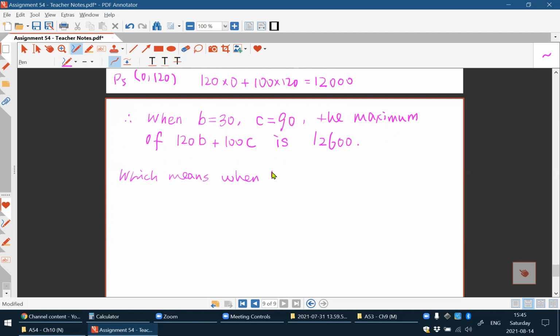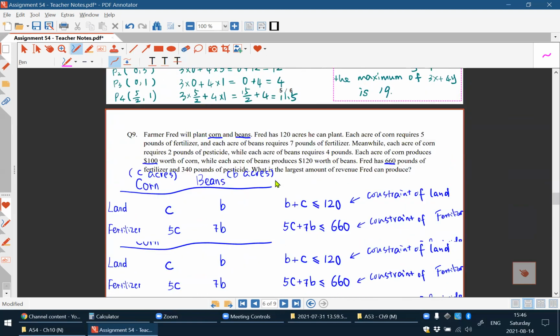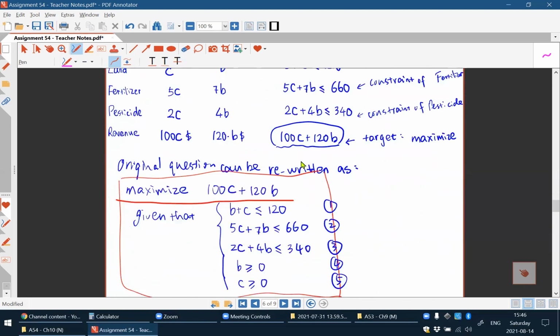And back to the problem in the real world, which means, what's the name? Fred, right? When Fred plants, what is B here? B is the total acres of beans, right? Plants 30 acres of beans. And what is C here? C stands for, what's the name of the crop? Corn, right?